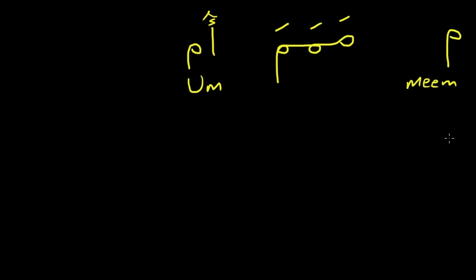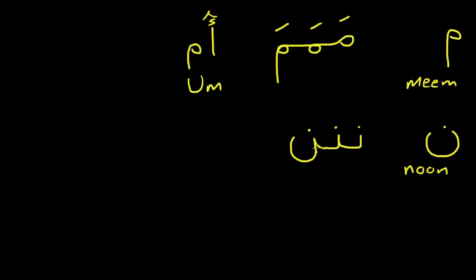The next letter is noon. So this letter is, you remember the ba, ta, and tha? It's actually the same when it's written at the beginning and in the middle, but it just has the 1 dot above. Remember the ta had 2 dots? This one just has 1, and then at the end, it's going to be a bit rounder.